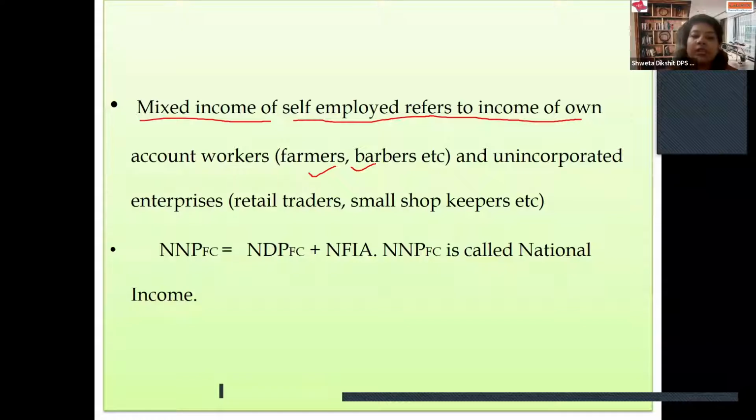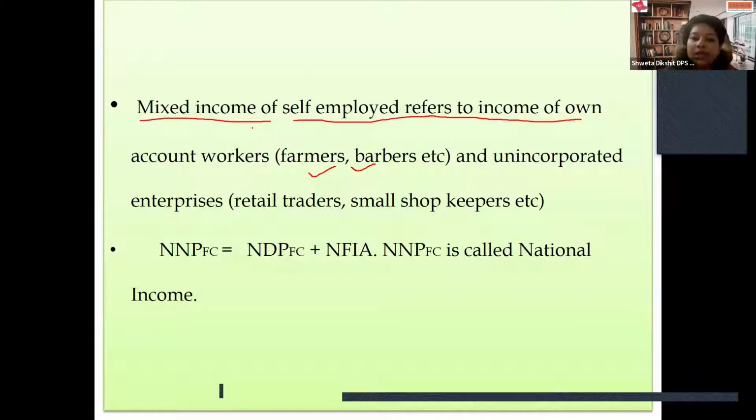They are working for their own. The various shopkeepers, traders, businessmen are all self-employed. And the income earned by them is also incorporated in national income, which is known as mixed income of self-employed.